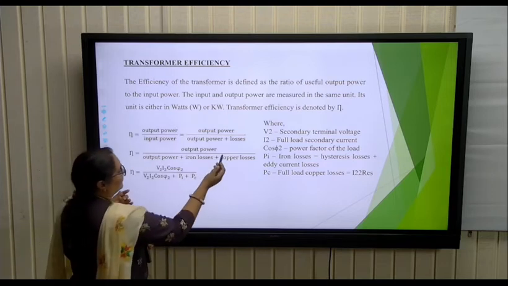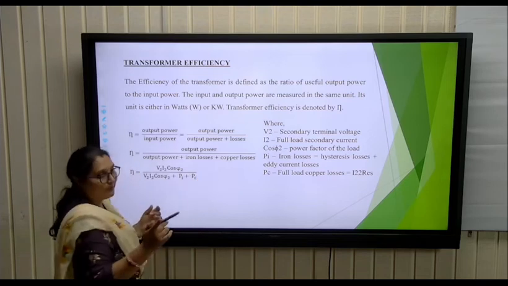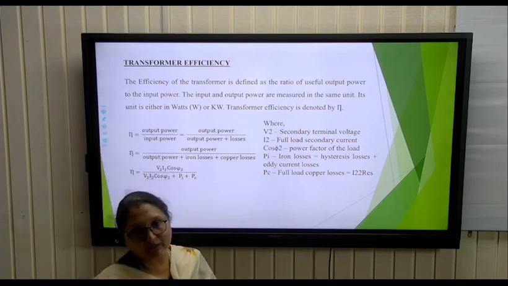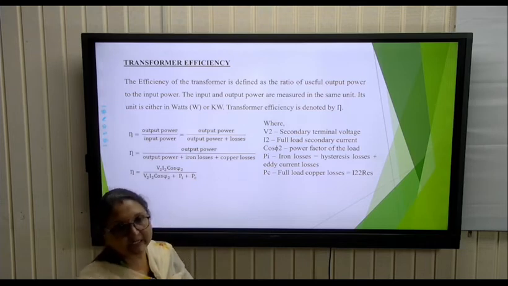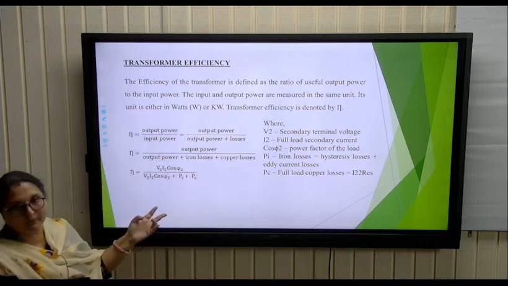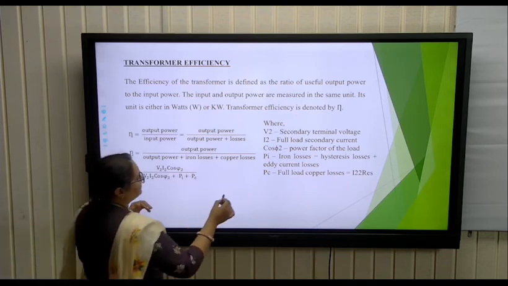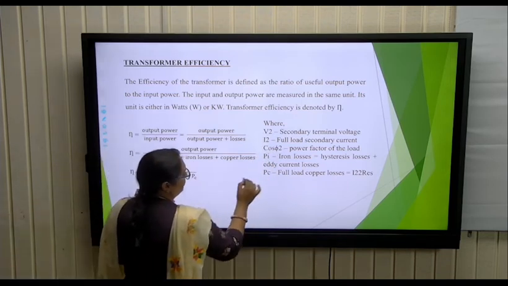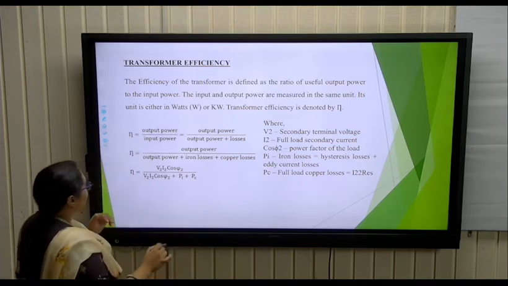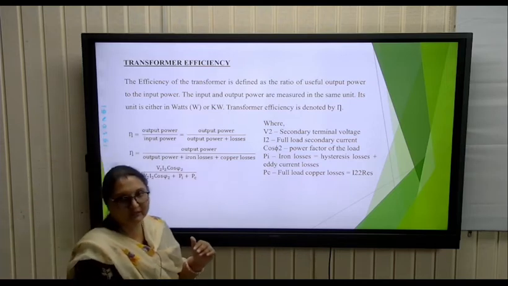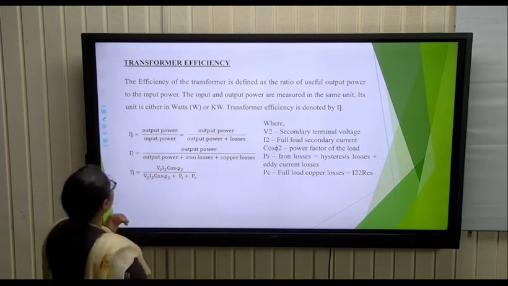Losses here means we consider only iron and copper losses. Although we studied dielectric and stray losses, during the efficiency calculation we just consider these two important losses, the iron and copper losses. These are terminologies we have seen before also. And this is the final expression for the efficiency of a transformer.